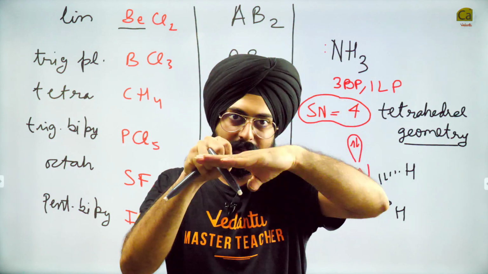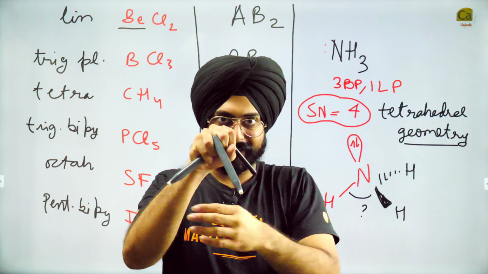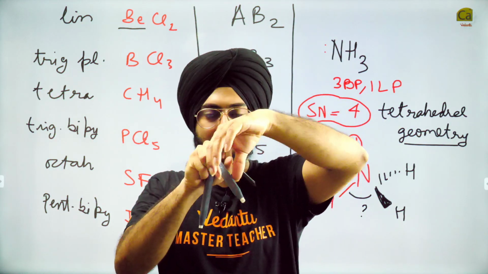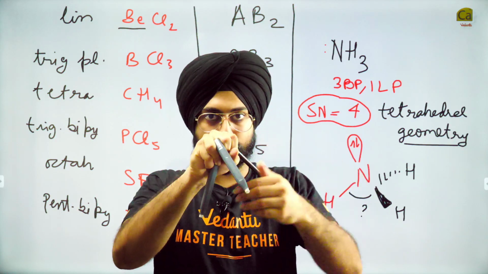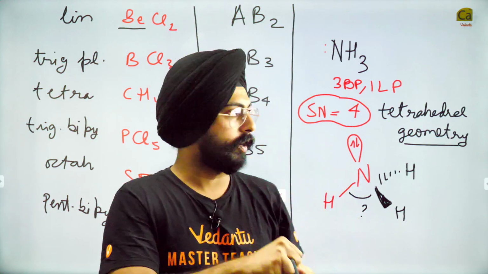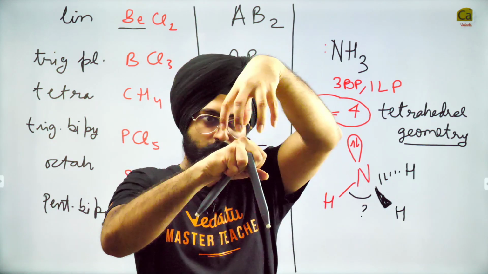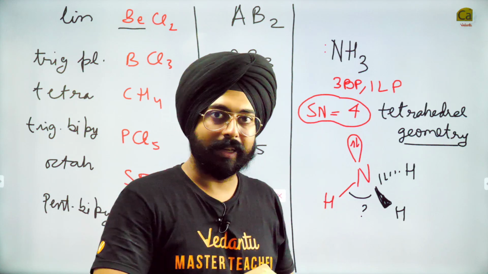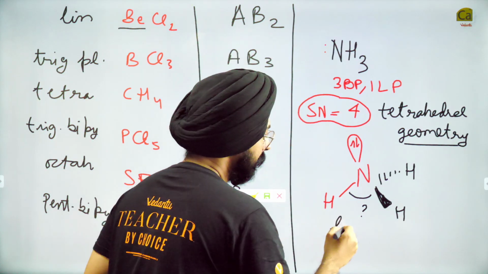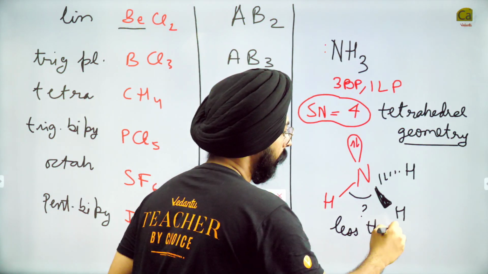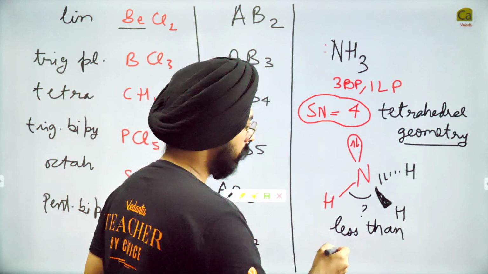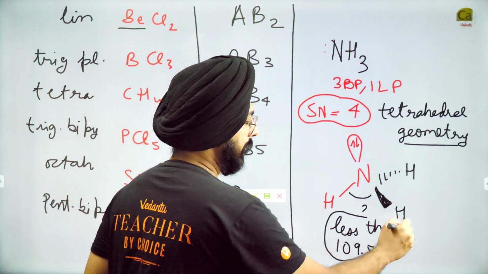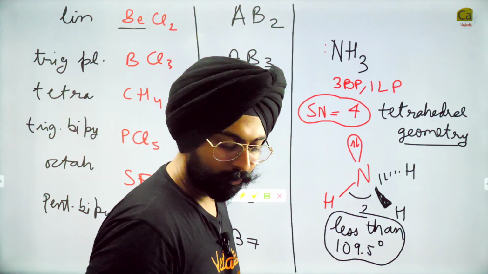The lone pair will repel these even more. यहाँ पे lone pair आया जैसे ही, as soon as the lone pair came, these bonds were pushed downwards. Because the lone pair bond pair repulsion is more, the bond pairs are pushed down. So the angle over here will be less than 109.5 degrees, isn't it? The angle has to be less than 109.5 degrees.